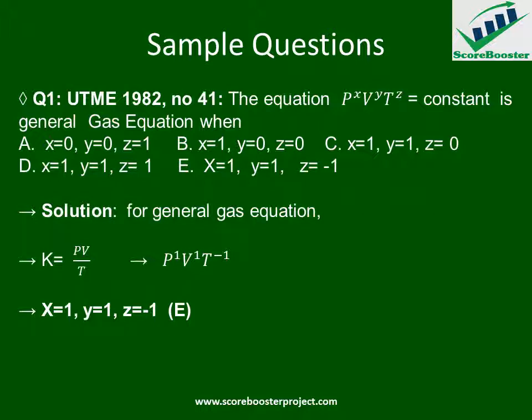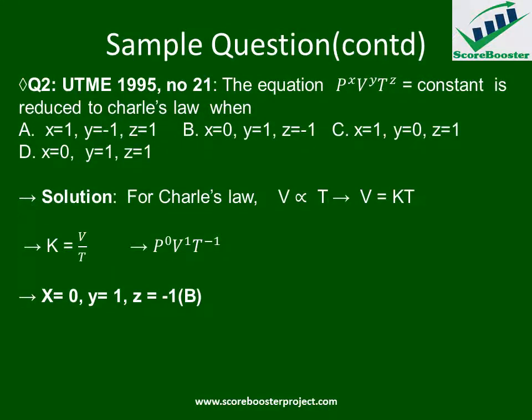Making option E the correct answer for this particular question. The next question we shall be considering comes from UTME 1995, number 21. And the question goes thus: the equation P raised to power x, V raised to power y, T raised to power z is equal to constant is reduced to Charles' law when dash.